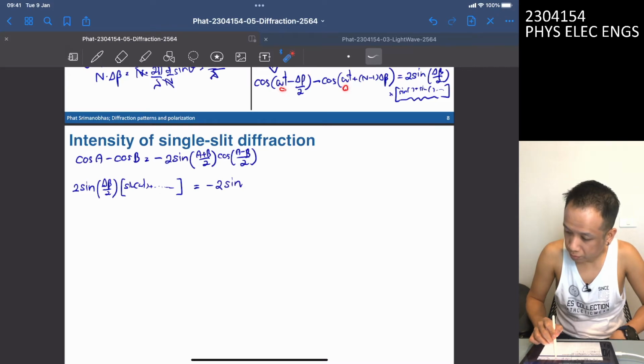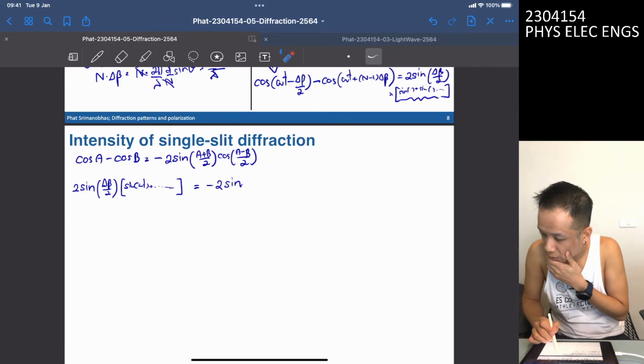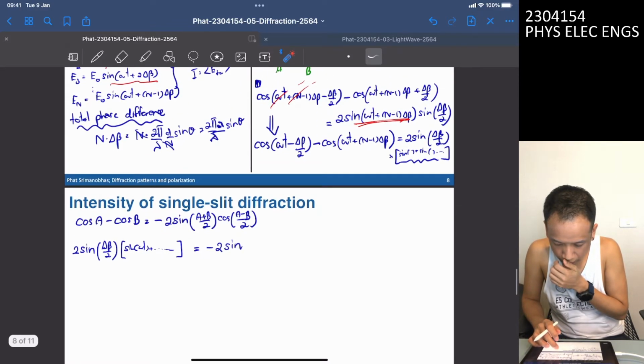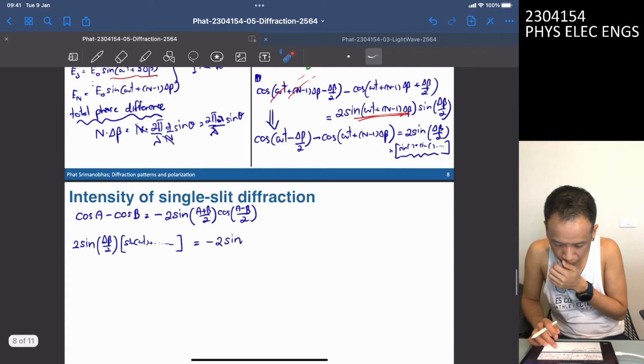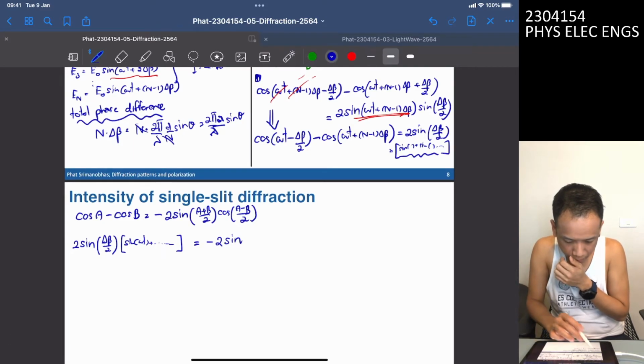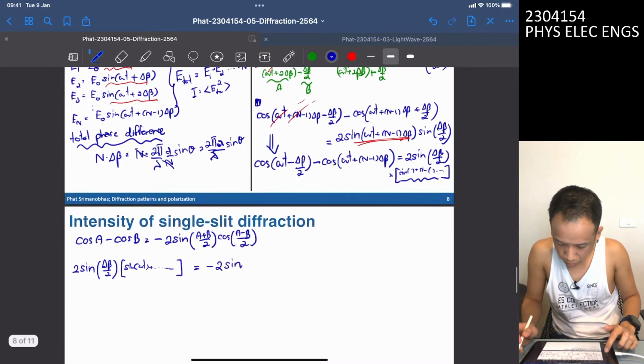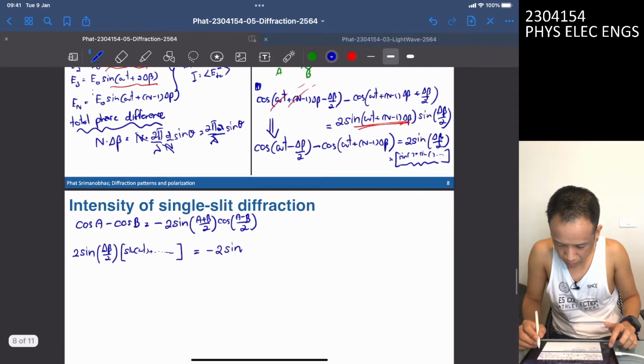Just let me make sure that I don't forget something. I think I made a small mistake here. It's n minus 1 and then plus, so it needs to be half.